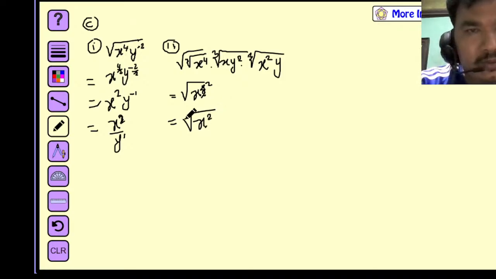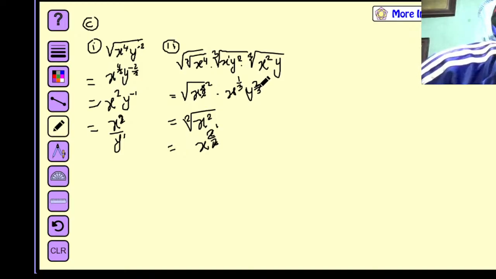Then again here is 2, and when it is cancelled below, it comes as x to the power 2 by 2. Then we cancel this 2 and the 2, and here will be 1. Now do the same here: x to the power 1 by 3 and y to the power 2 by 3.